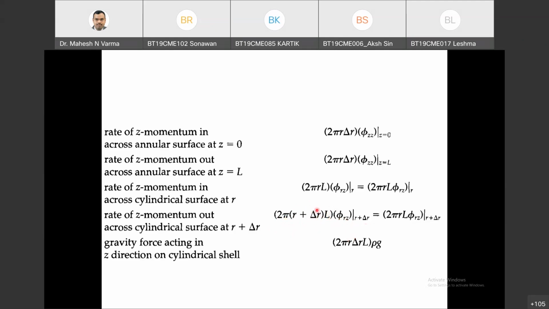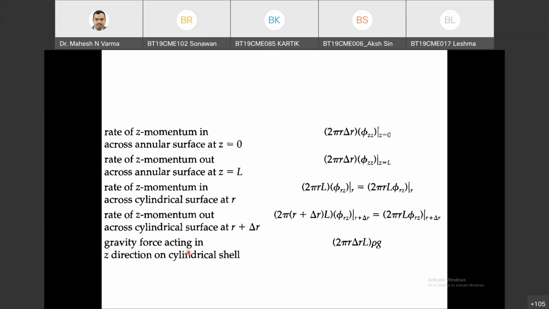As delta r is very small compared to r, it is a differential thickness, so I can neglect this, and that will be equal to 2 pi r L pi rz estimated at r plus delta r. So indirectly I am saying that inside surface area equals outside surface area when delta r tends to 0.